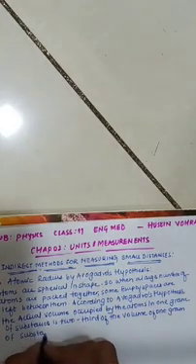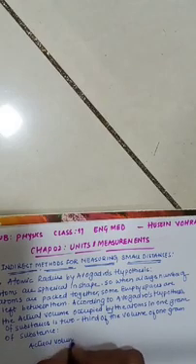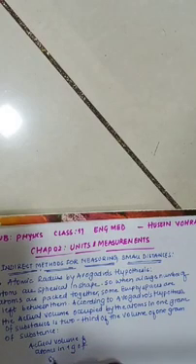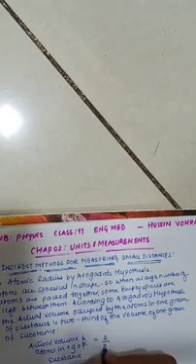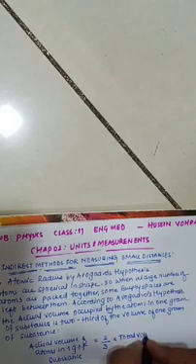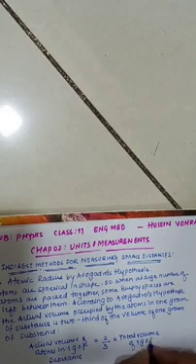Clear? Means you can say actual volume of atoms in 1 gram of substance is equal to 2/3 of its total volume, 1 gram of substance.